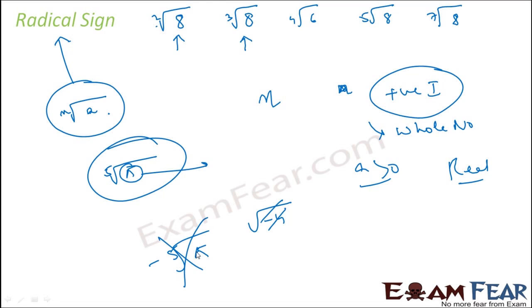No. Because -5 has to be a positive integer. Can I say pi-th root of 3? No. Because, as I told, n has to be a positive integer, and this pi is irrational. It's not a rational number.